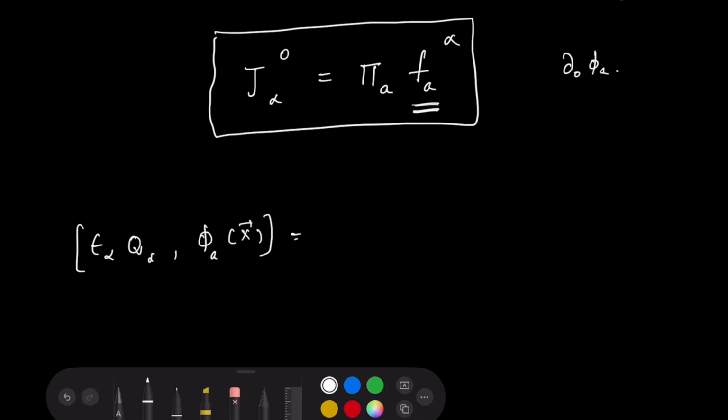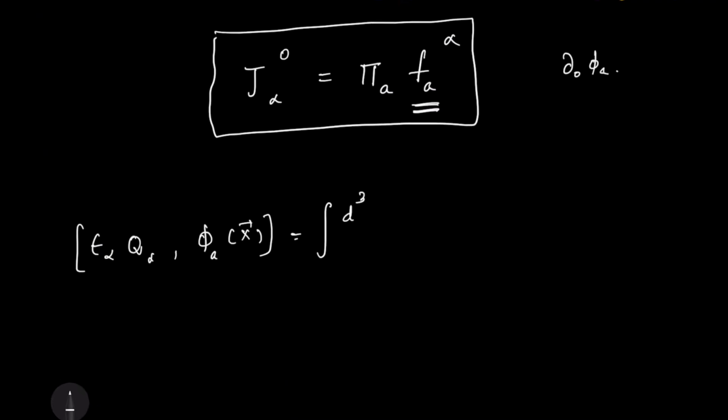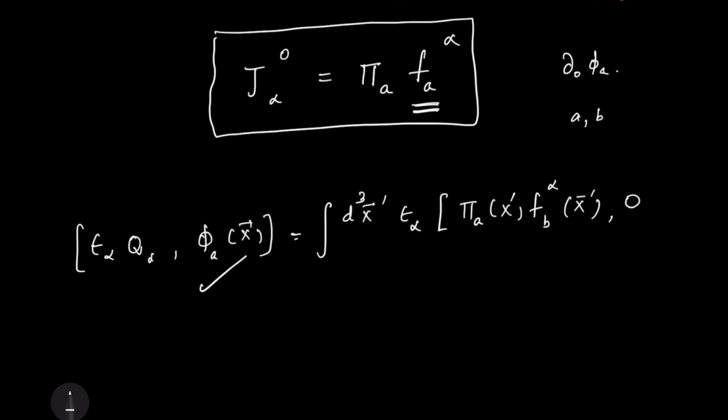So this will be equal to the integral d cube x prime of epsilon alpha as it is, and Q alpha will be pi a of x prime, f b alpha of x prime. I am not writing the same a, I write b, since a and b label different fields. Now this will be commutating with the field phi a of x.